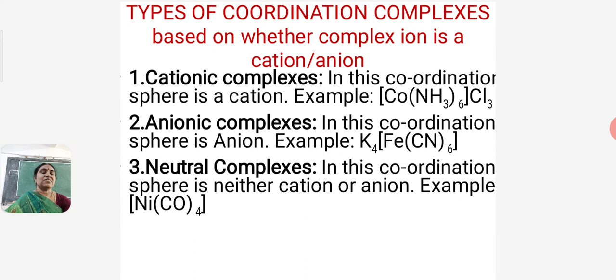When we look at the next example, potassium hexacyanoferrate, we see that the potassium ion possesses a positive charge, so the complex acquires a negative charge of -4. Because the coordination sphere possesses a negative charge, it is called an anionic complex. Ni(CO)4 possesses 0 charge. You don't find any charge on this complex, so it is a neutral complex.